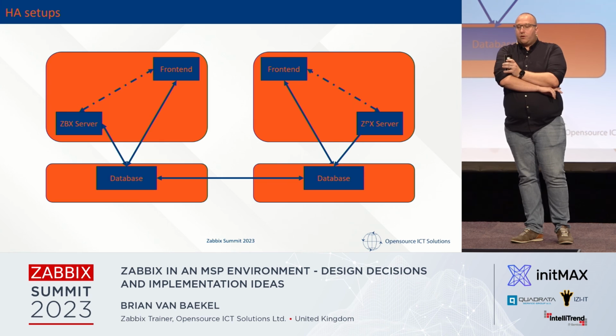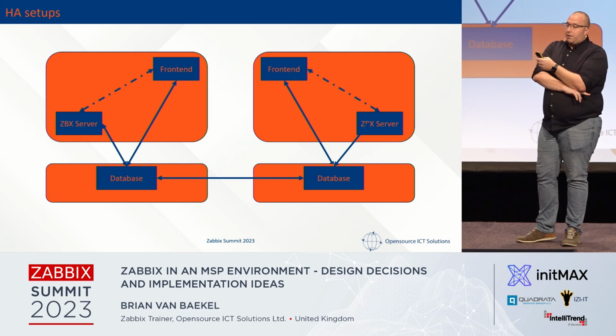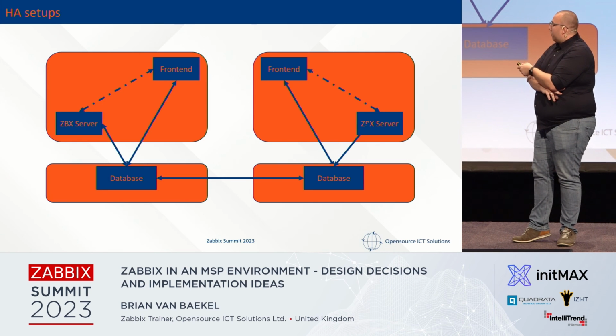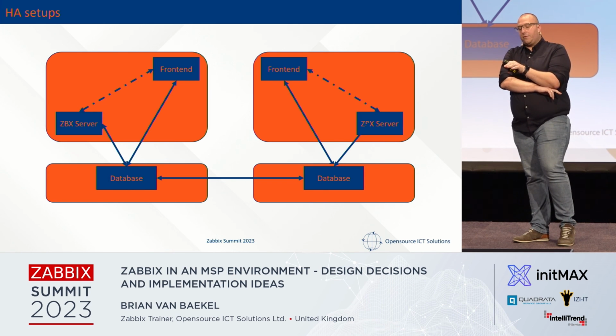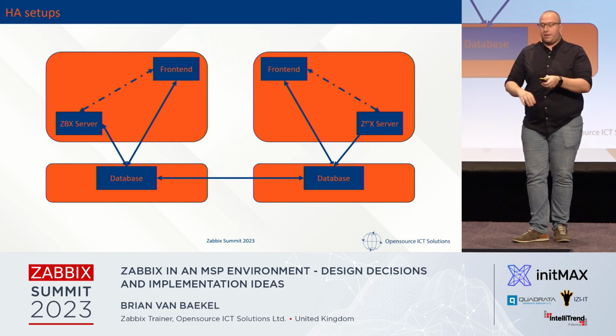How about building something like this? So we have 4 Linux machines where one machine is responsible for the front-end Zabbix server, another one, again, front-end Zabbix server, and 2 databases. And if you're happy to discuss that you should have 2 or 3 databases in a cluster, find me later on, we can discuss it.